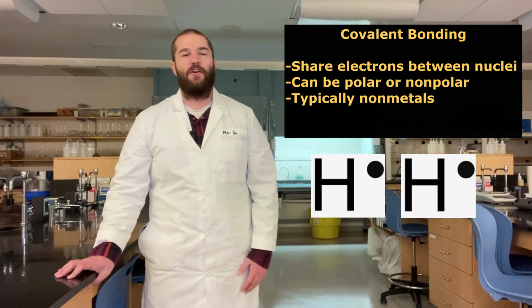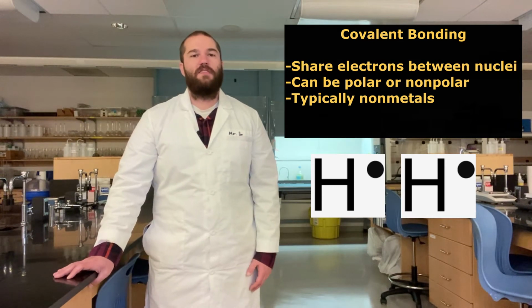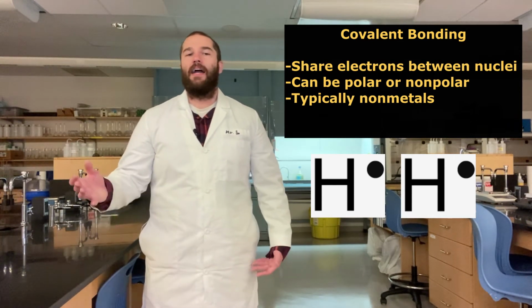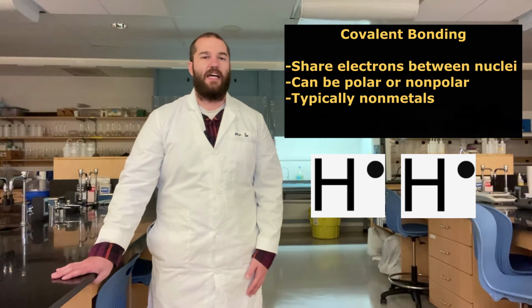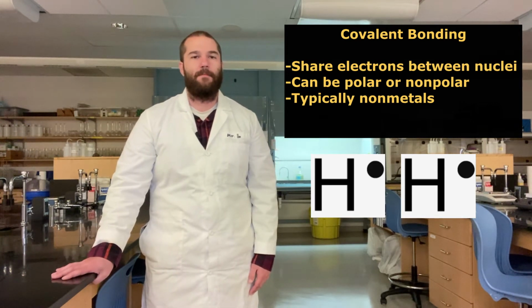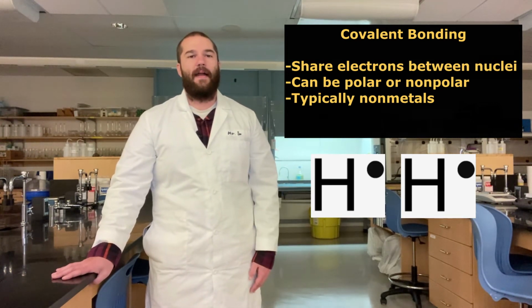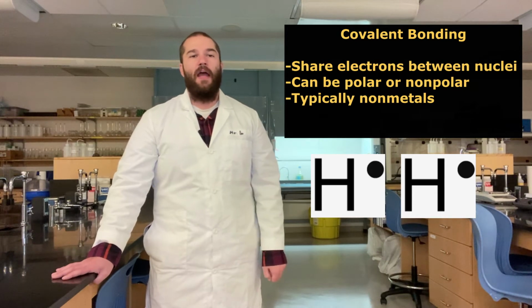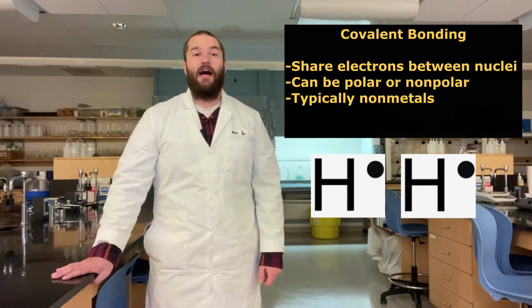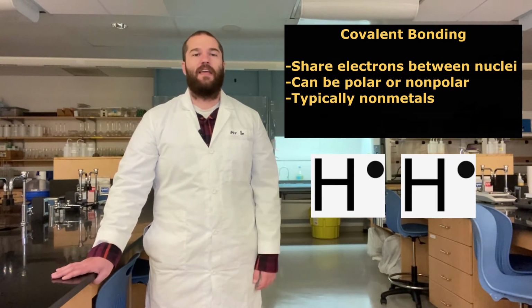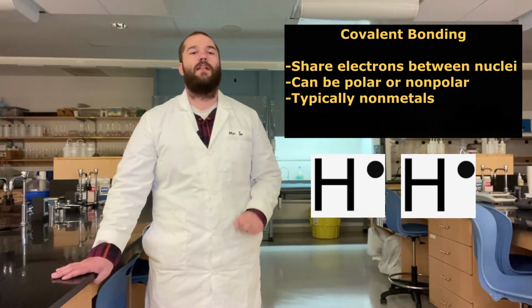If we're again using our Lewis diagrams, let's see how we would form a hydrogen gas particle, H2 gas, which is the allotropic form of hydrogen. Well, if we had a single hydrogen atom, it would have one valence electron. And like we previously discussed, hydrogen would be happiest having helium's configuration of having two electrons.